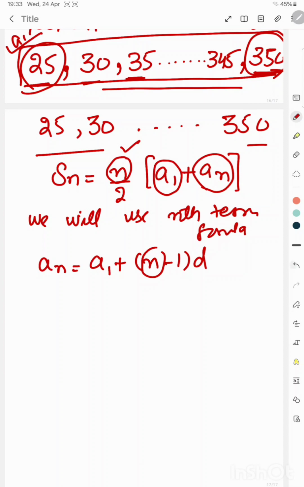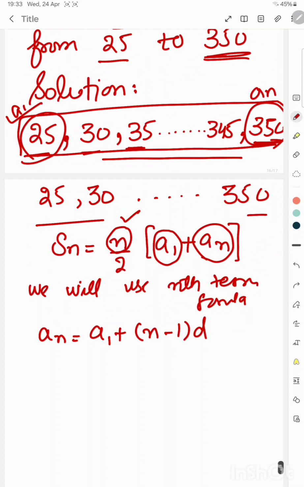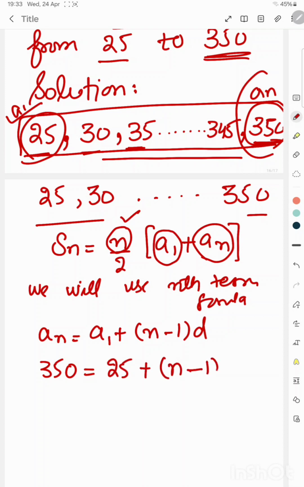Here an is the last term, which is equal to 350, and a1 is the first term, which is equal to 25. As I have to find the value of n, it will remain in its place. And d, as multiple terms of the sequence are given, you can find by subtracting the first term from the second term.